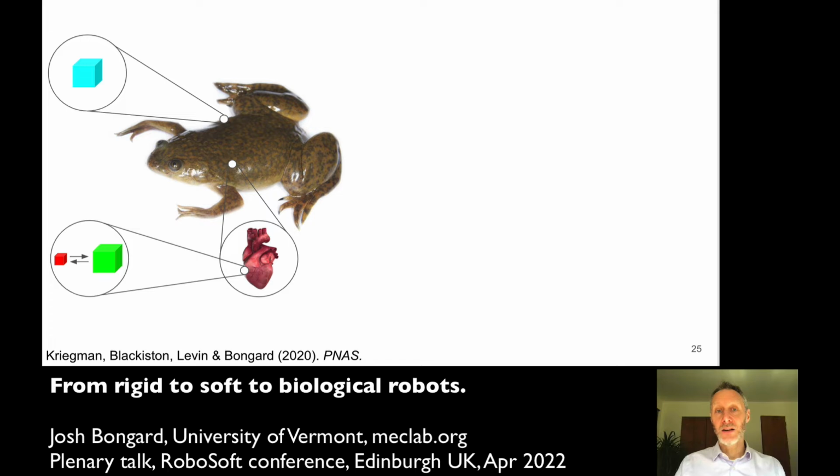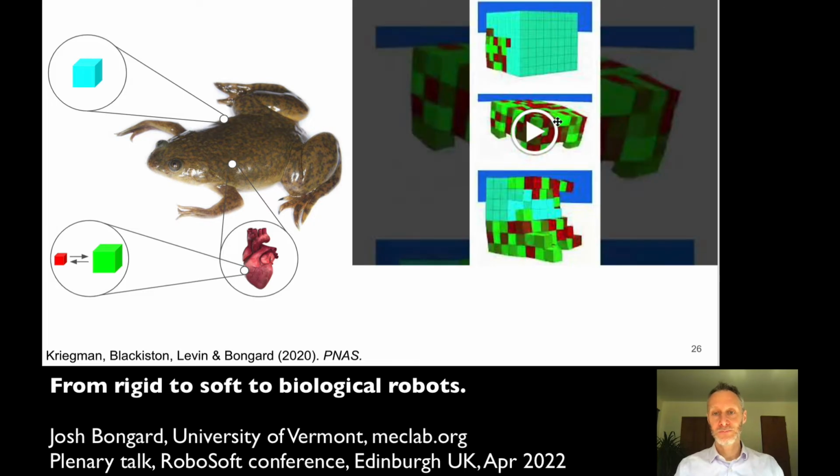In this case, Doug Blackiston told us that he could liberate two types of cells from early frog embryo: frog skin cells, which we're going to model using blue voxels that are passive and soft. And he could also liberate myocardiocytes, heart muscle cells that spontaneously increase and decrease in volume, which we're going to simulate as red-green voxels that spontaneously increase and decrease in volume.